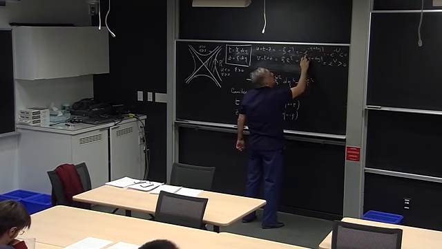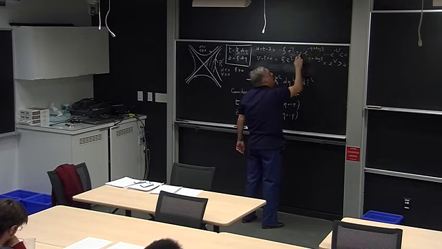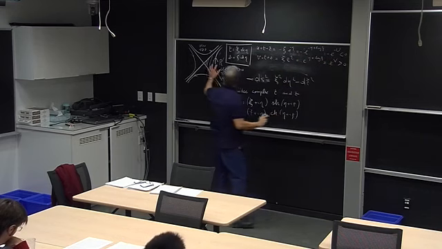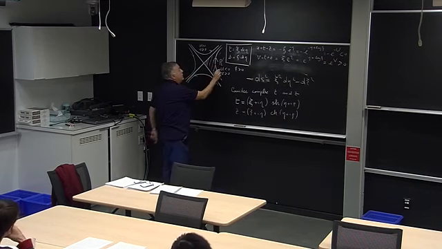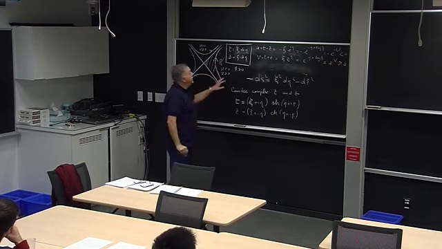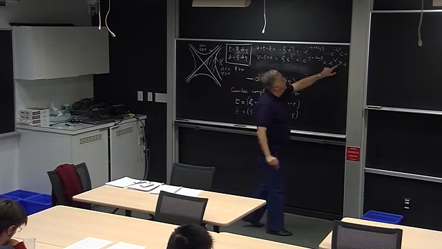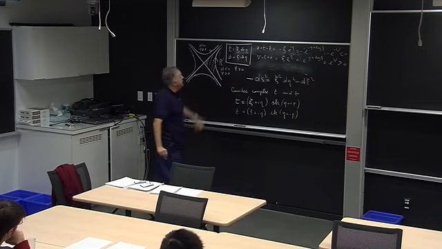Of course, this is an exponential, so it's positive in itself, but there is this minus sign here, and therefore this is a negative coordinate in this wedge. In the same way, V is a positive coordinate in this wedge.